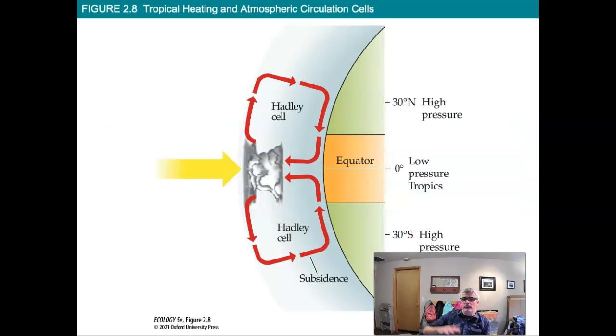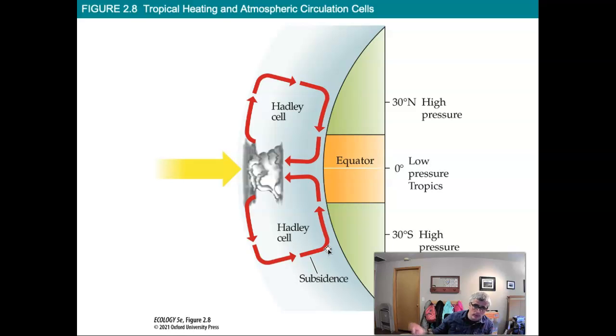And generally, we've got a couple of large circulation patterns. The first are referred to as Hadley cells, and that's where we've got warm, water-rich air rising from the equator, creating cloud formation that then ultimately, through subsidence, comes back down to the Earth's surface and releases precipitation.